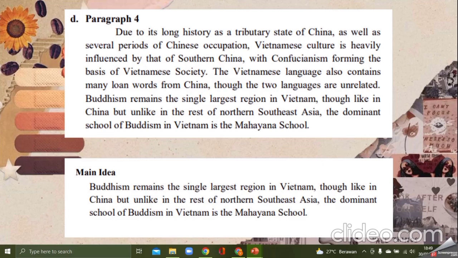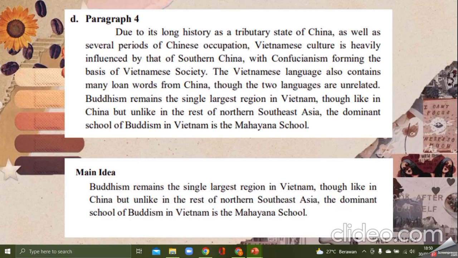Though the two languages are unrelated, Buddhism remains the single largest religion in Vietnam. Like in China, but unlike in the rest of northern Southeast Asia, the nominal school of Buddhism in Vietnam is the Mahayana school. My idea: Buddhism remains the single largest religion in Vietnam.